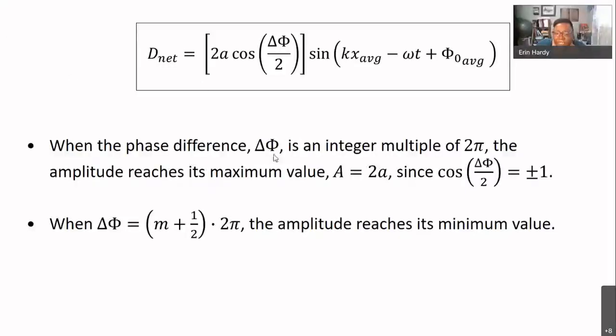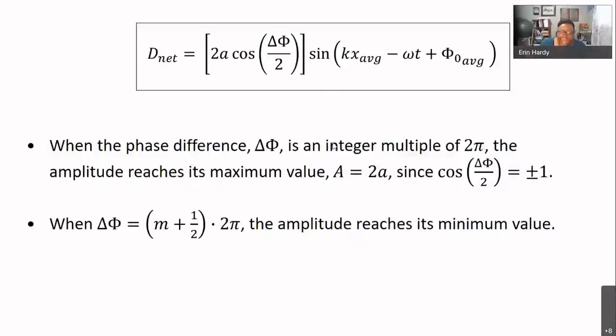So in other words, when this phase difference is some integer multiple of 2 pi, you're going to have a 2 in the numerator of this expression inside the square brackets, a 2 in the denominator, and you're going to have a cosine that leads you to either plus or minus 1. So everything inside of the square brackets is going to be capital A. It's going to be plus or minus 1.